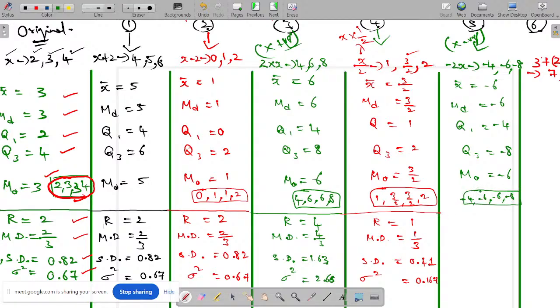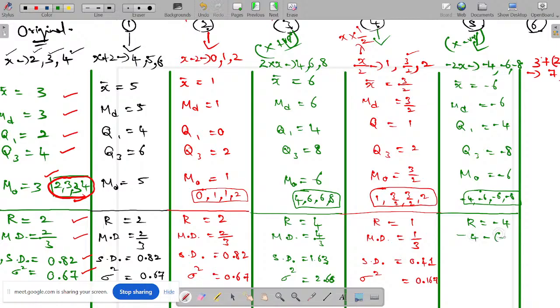Okay. Then range, minus 4. Okay. Plus 4. How did you find this range? Largest value is minus 4.